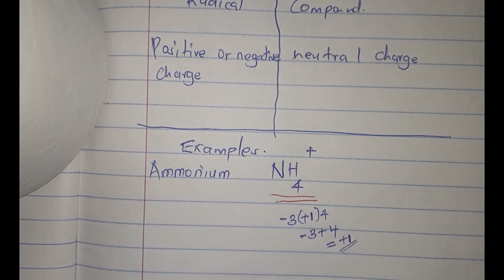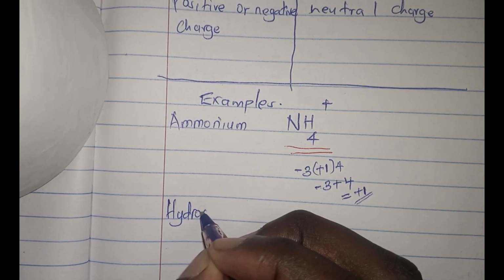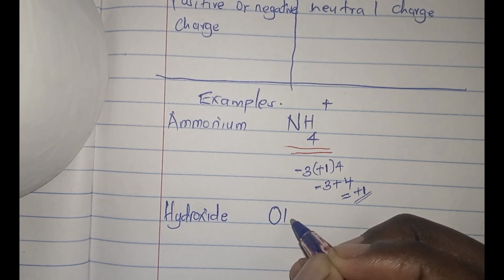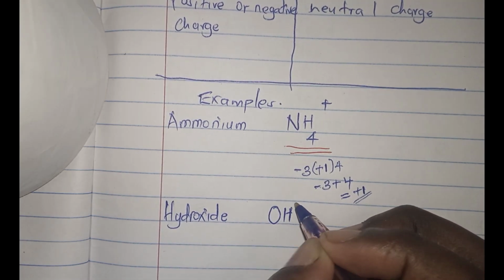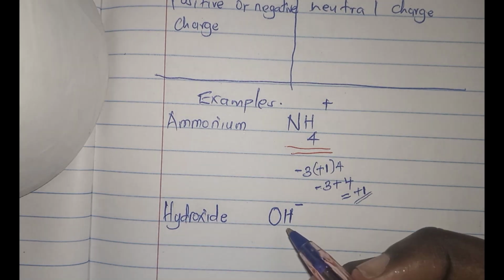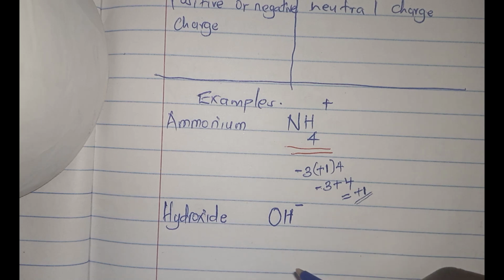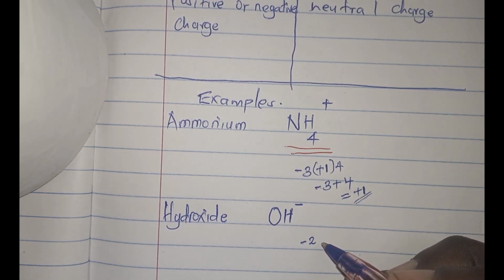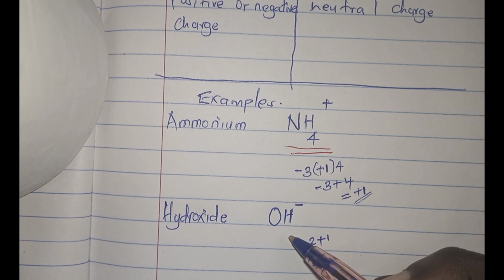We also have hydroxide. Hydroxide is written as OH with a negative charge. Remember, oxygen has a valency of -2 and hydrogen has a valency of +1, and in this case we only have one hydrogen.